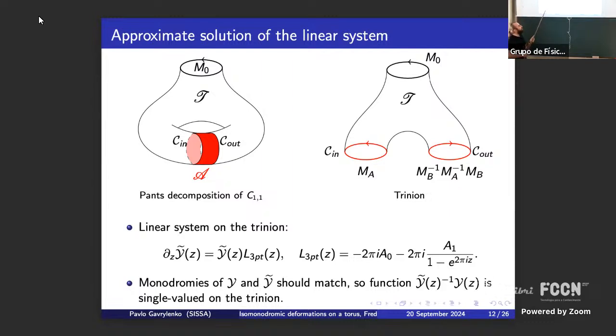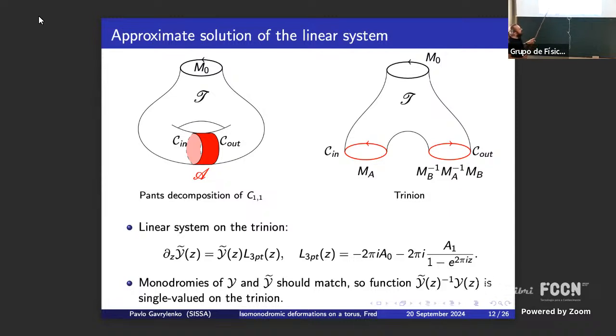Namely, we can try to approximate the solution of this linear system on a torus by something that can be computed, namely by a solution of a system on a sphere with three singularities. So we adjust the monodromies of this three-point problem in such a way that the monodromy around zero, around the singularity, and the monodromies around the two neighboring cycles, this one and this one, coincide. So this monodromy is MA, this monodromy is MA inverse, conjugated by MB.